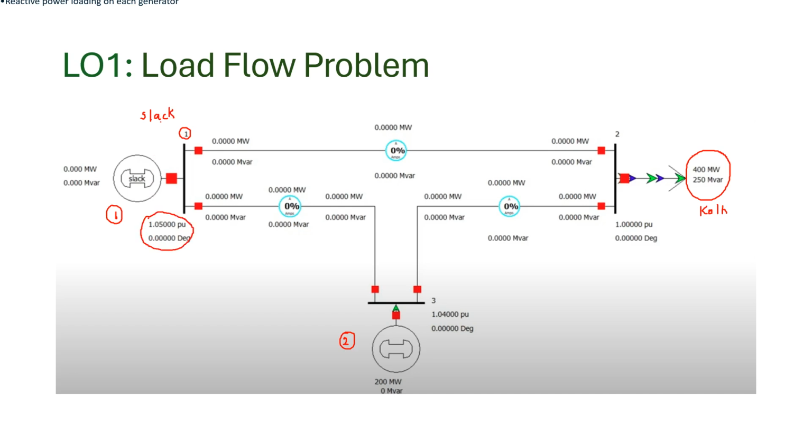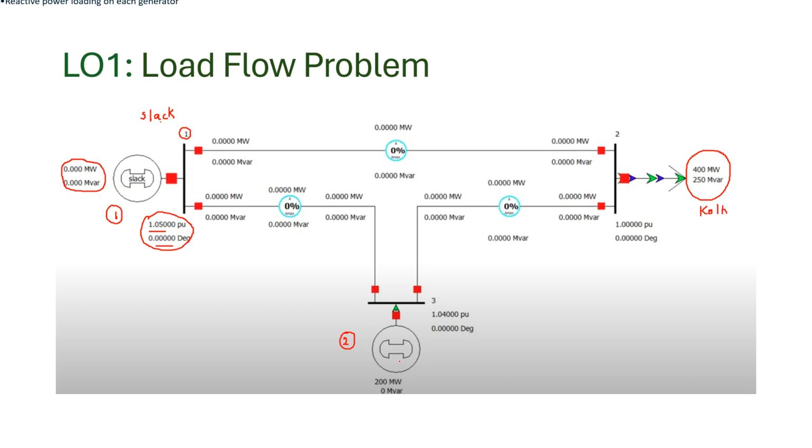Now the input data here: the voltage at this bus is 1.05 and the angle is 0. This is given. Nothing is given about this generation. I don't know what power is being generated from this, so it is written as 0 megawatt and 0 MVAR.